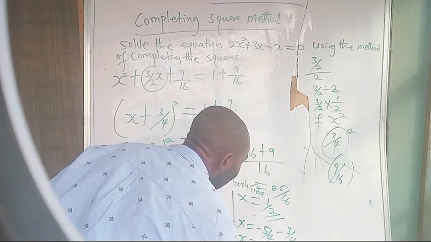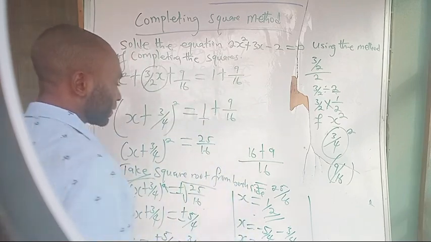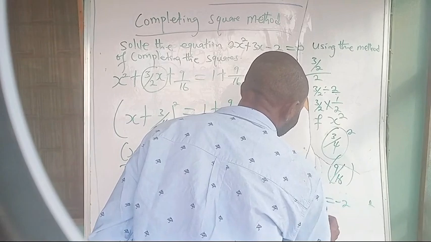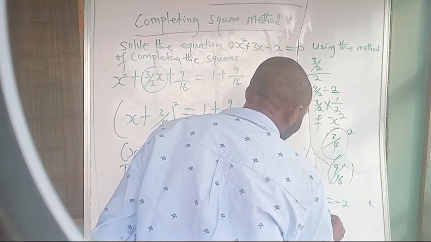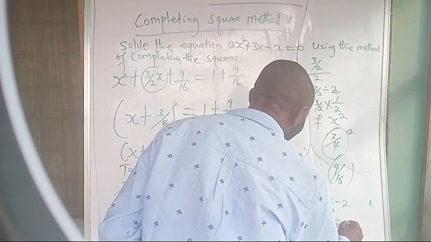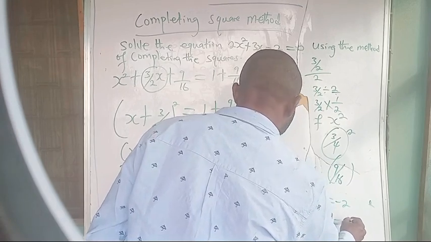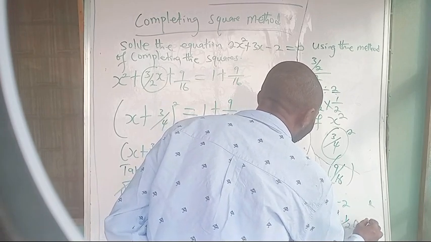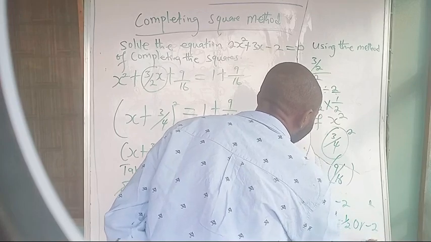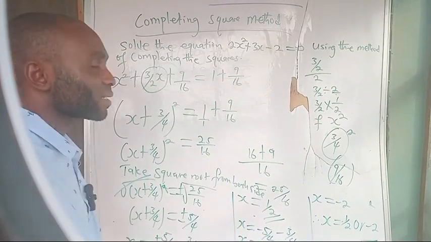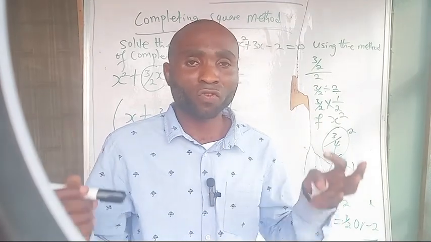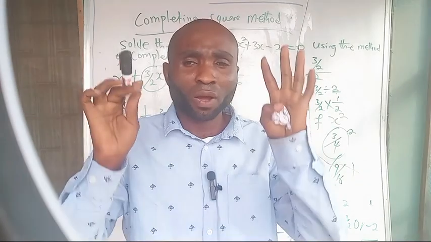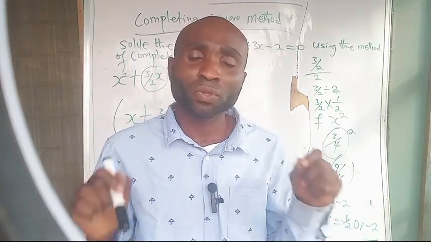So it's now the same thing as x is equal to minus 2. Therefore, x is equal to 1 all over 2 or minus 2. These are the roots of that quadratic equation using the completing the square method.